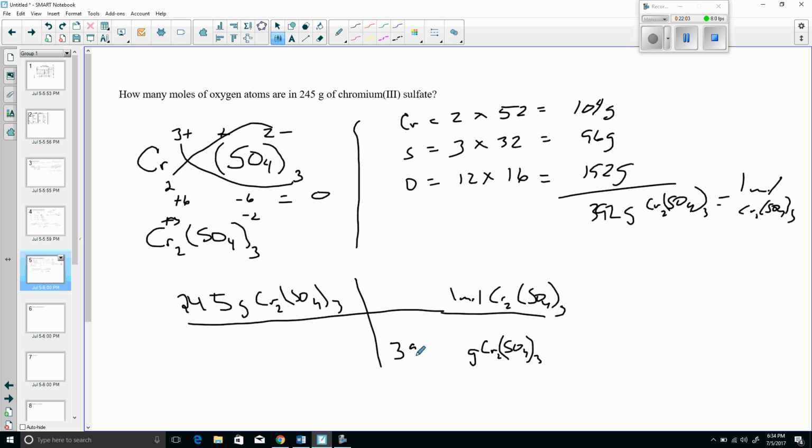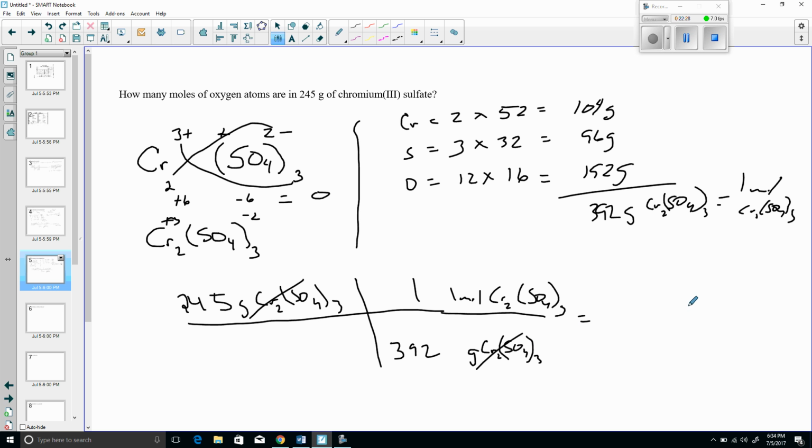Now, plug it in. 392 grams is equal to 1 mole. Now, 245 times 1 is 245 divided by 392. So we have basically 245 divided by 392. And we're going to make sure these cancel. Grams of chromium sulfate divided by grams of chromium sulfate is equal to 1, so it doesn't change anything.